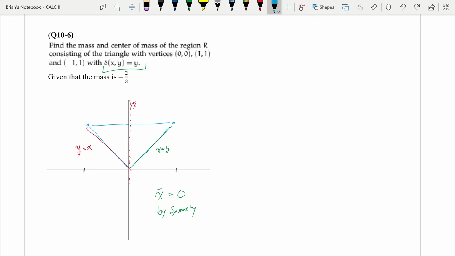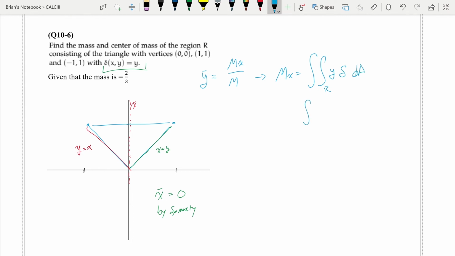But to do that, we need to find the moment of inertia for x, because remember that y bar is equal to mx over m. So mx is equal to, remember, it's a y on the inside for the region, times the density function, dA. So we'll do y times the density function, which is just another y.